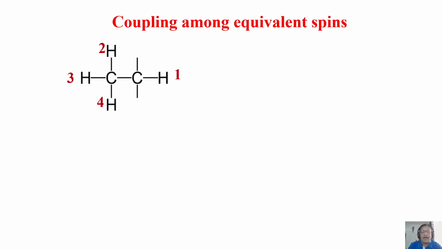Let us see what is going to happen if you look at one proton coupled to three chemically equivalent protons. We looked at one coupled to two protons, CH2. Now this CH is coupled to CH3 protons. Now let us see what happens. In this case, coupling 1 2, 1 3 and 1 4, they are all same.